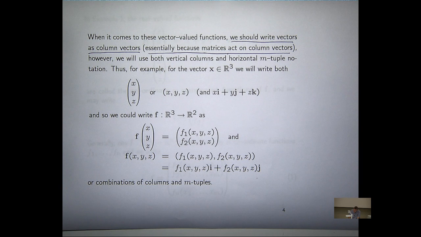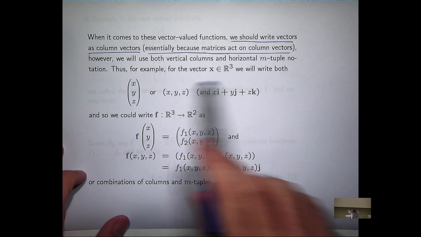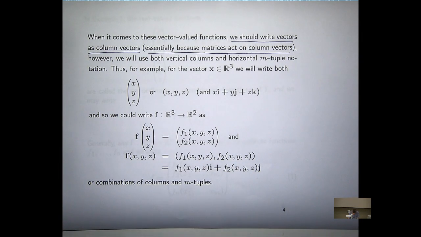So if you've got a matrix times a vector, it's easily evaluated if you write your vector as a column vector. Okay, so this is probably the best notation, but I'm pretty flexible with that. I'm not going to tell you exactly how to do it. As long as you're consistent, I'm happy.